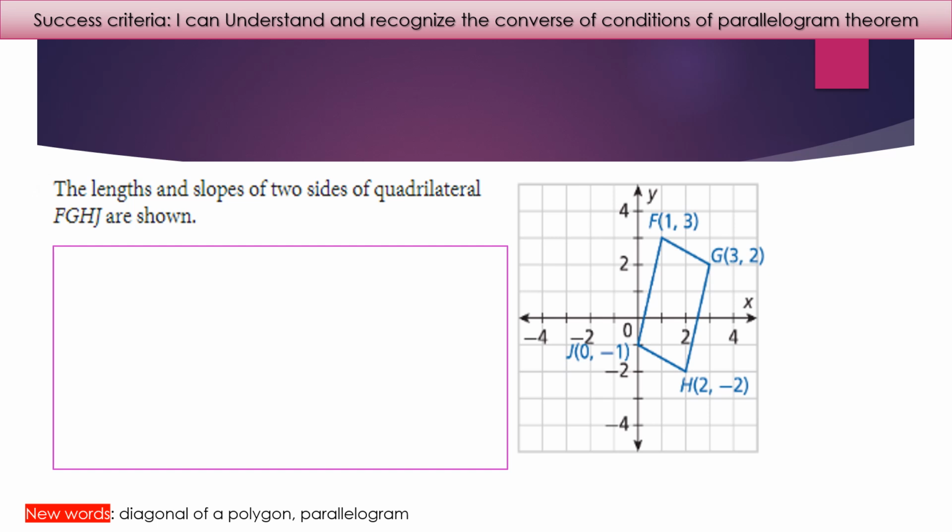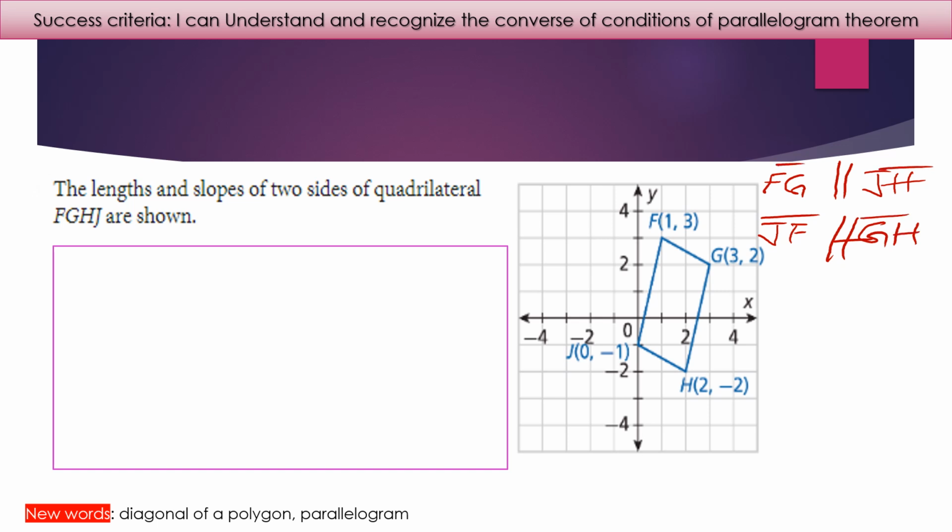So in order to prove that FG is parallel to JH, and similarly JF parallel to GH, what do I have to do?